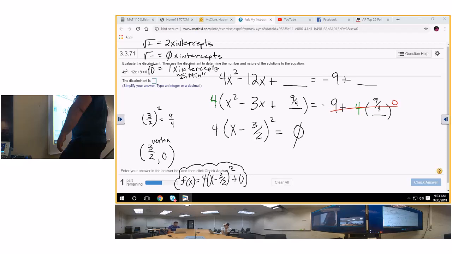All right, finish it out. You know it's sitting on the x-axis. So all you need to find now, and what's going to happen is you're going to see that your vertex is going to be your x-intercept. So go ahead and do that. Give you a few seconds to do that.